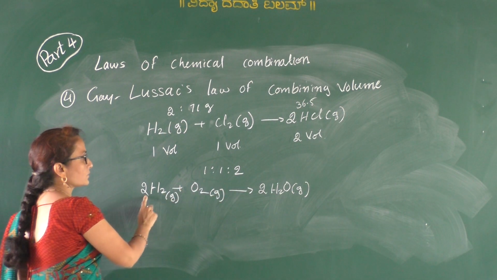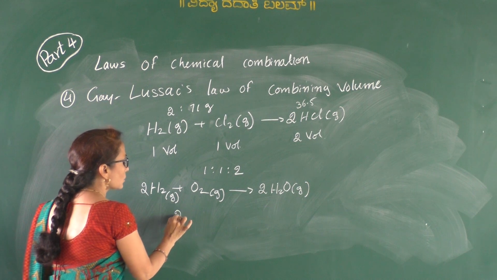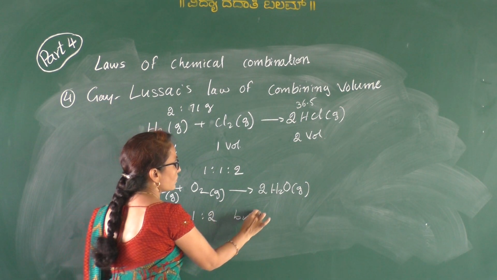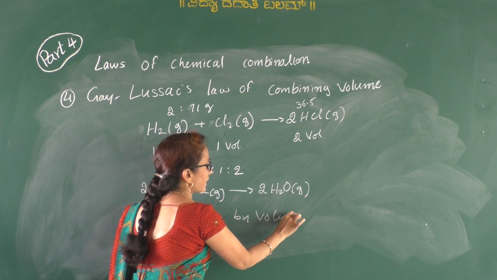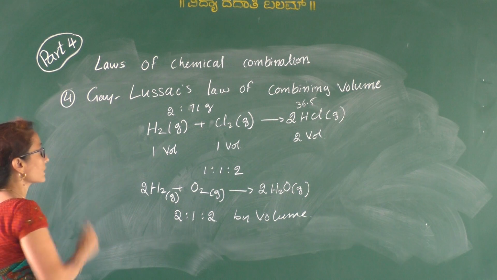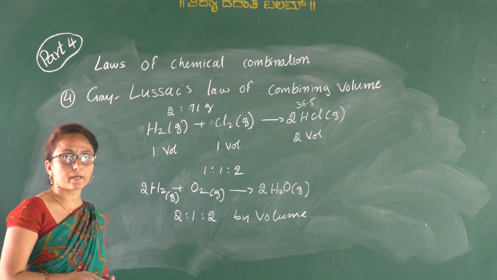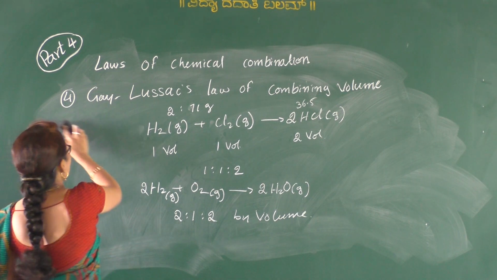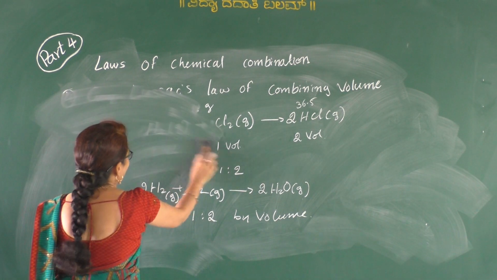Therefore, the ratio of these three gases is 2:1:2, by volume. That ratio must be in volume, but not by weight. So that is Gay-Lussac's law of combining volume. Clear? Okay, then the next and the last law.